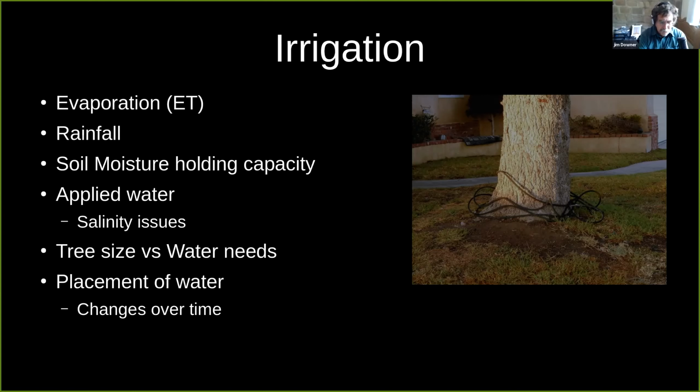So certainly rainfall is a part of the equation. When we have rainfall, we can subtract it from the amount of water we need to supply. And certain parts of the country can rely on rainfall and other parts not so much. Complicating this is the fact that different soils hold different amounts of water for different amounts of time.